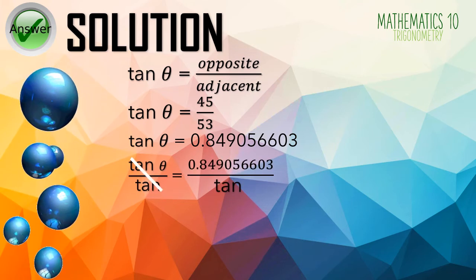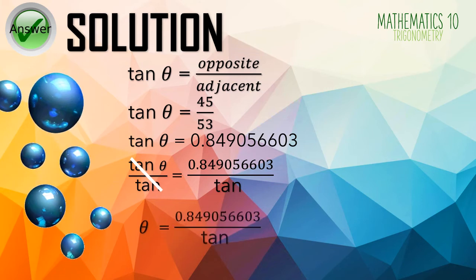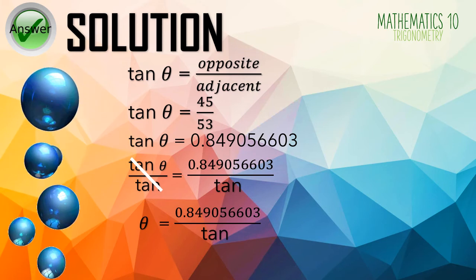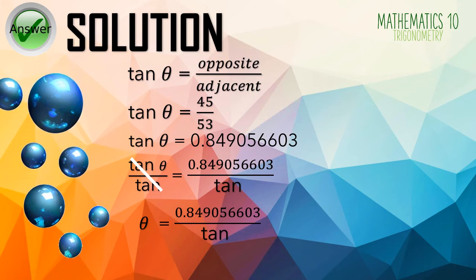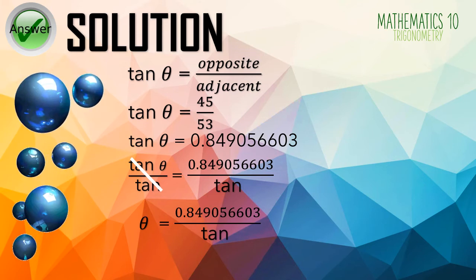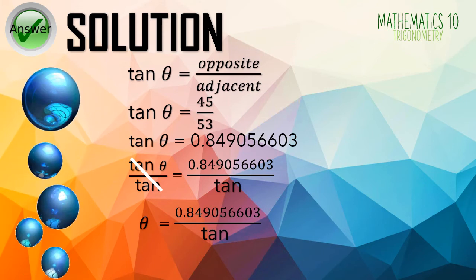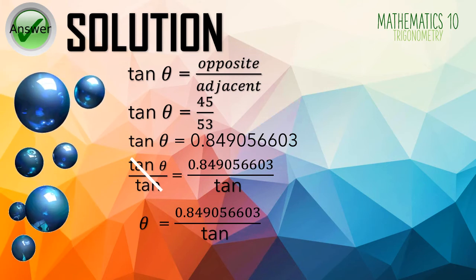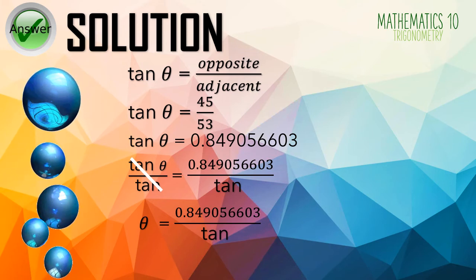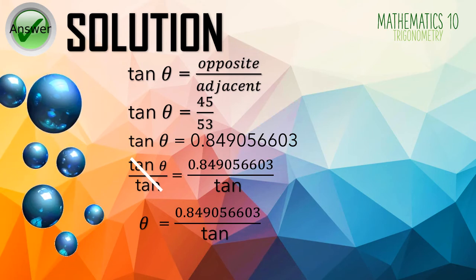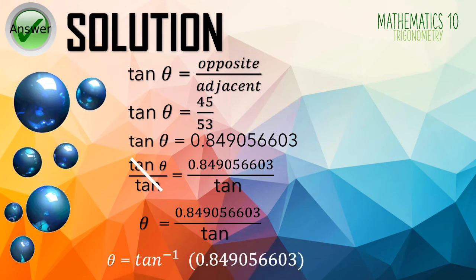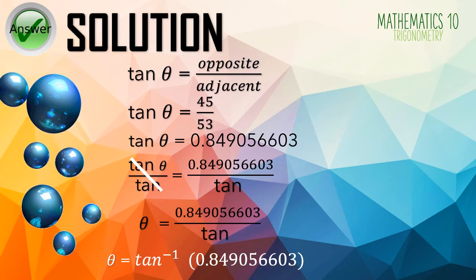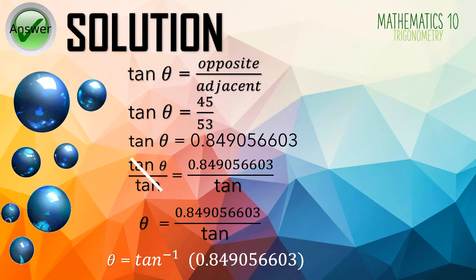Canceling the tan, we end up with theta equals 0.8495563 divided by tan. If you input this in your calculator, you'll end up with a syntax error. So we need to rewrite this expression into its original form, with the tan in the denominator. That means it is the inverse tangent. Theta should equal tangent raised to -1 times the numerator.